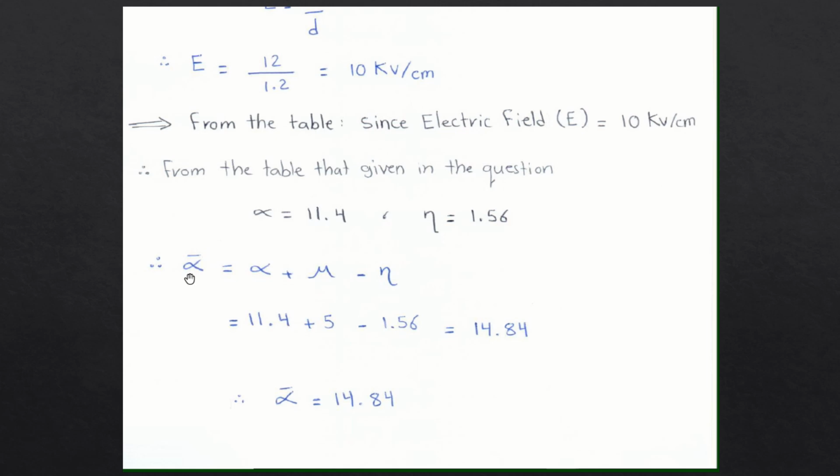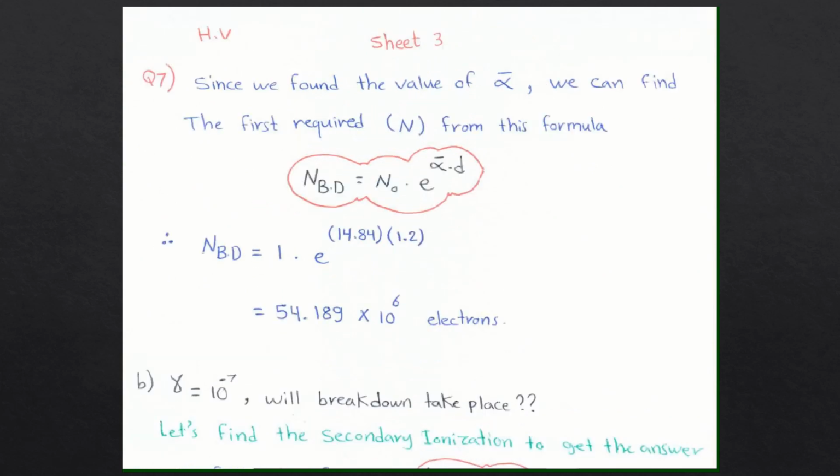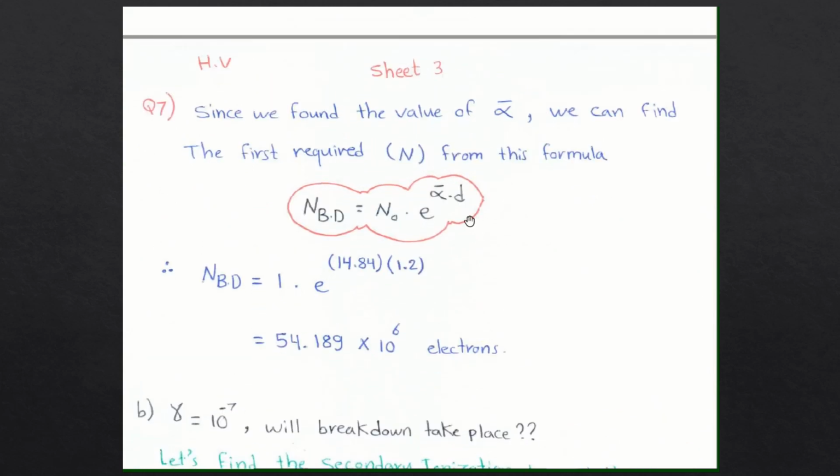So the net ionization is equal to the ionization, which is 11.4, plus the photoionization, which is given in the question as 5, minus the attachment coefficient, which is 1.56. So the net ionization will be equal to 14.84.